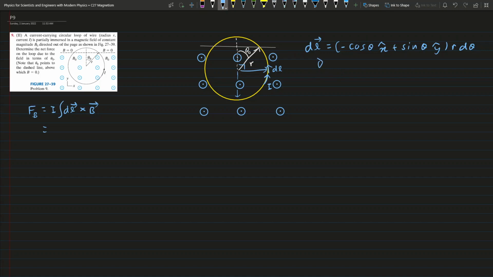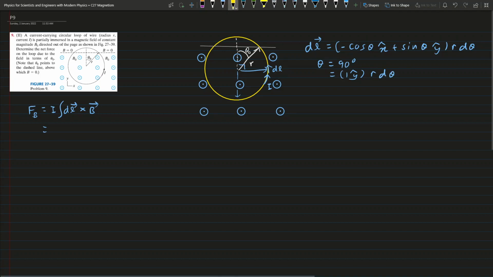So we substitute theta equals 90 degrees. You can see cos 90 equals 0, so we don't have the x component, and sine 90 degrees gives us 1, so we have 1 y multiplied by R d theta, which indeed is a correct formula.